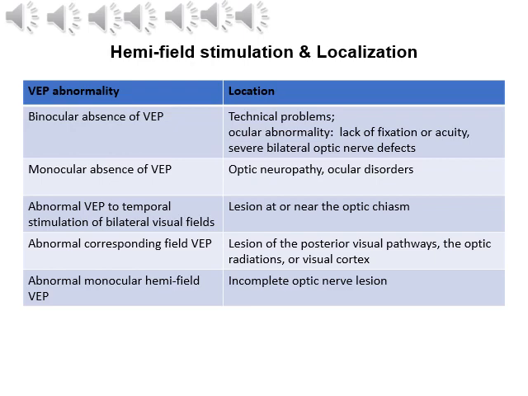So for example, if there is a lesion at the left optic tract or the left optic radiation, this would show up as an abnormal VEP at the right recording electrodes. And this left optic tract or left optic radiations are receiving inputs from the left retinal fields of either eye, and so this would correspond to stimulation of the right visual fields.